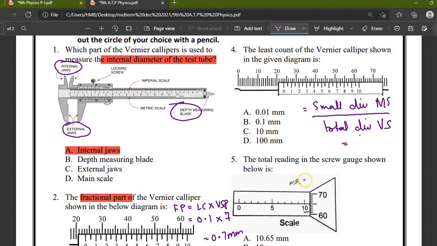The smallest division is 1 mm and the total divisions on the vernier scale are 10. So the least count of this vernier caliper becomes 0.1 millimeter. So option B will be the right answer.